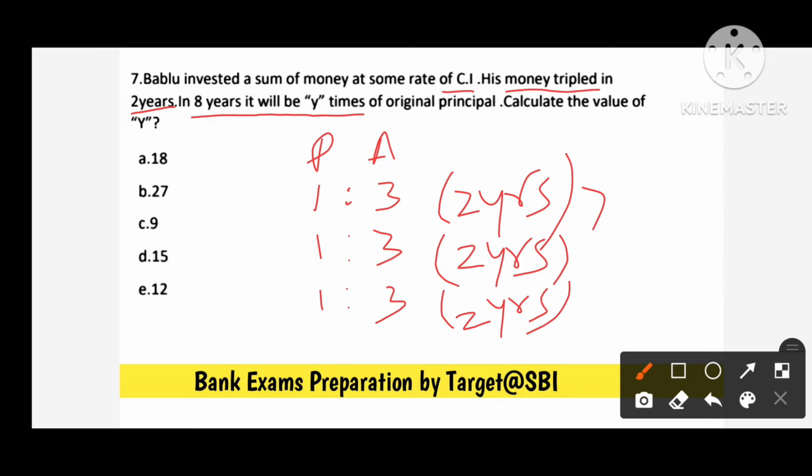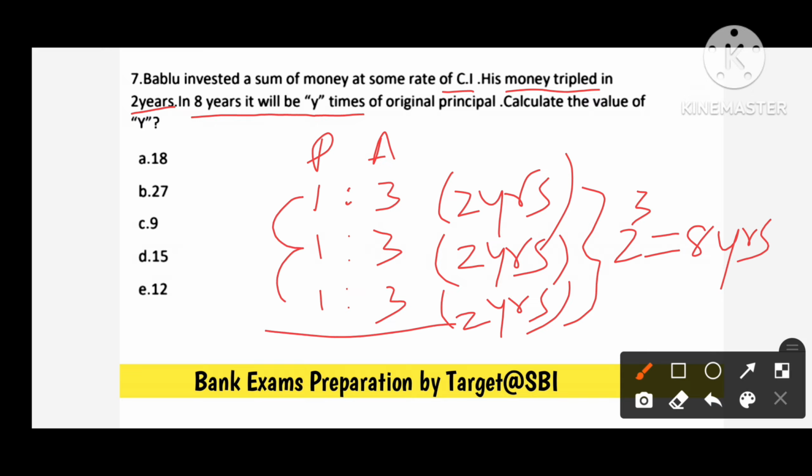So we have 2 cube in total, which is 8 years. 8 years completed means 1 into 1 into 1, which is 1, and 3 into 3 into 3, which is 27. So calculate the value of y. Y is how many times of the original principal. From the original principal it becomes 27 times. So option B is the answer.